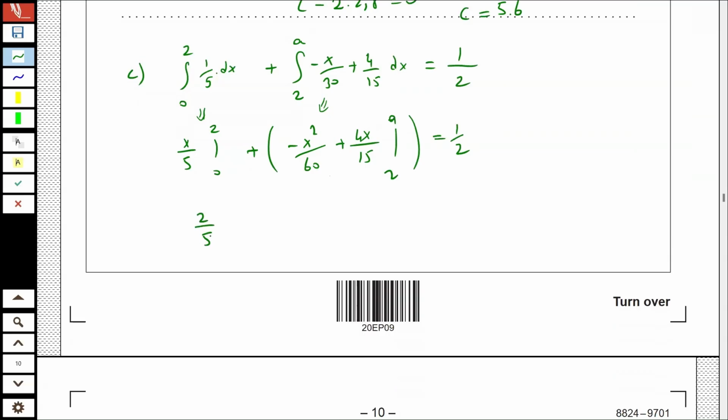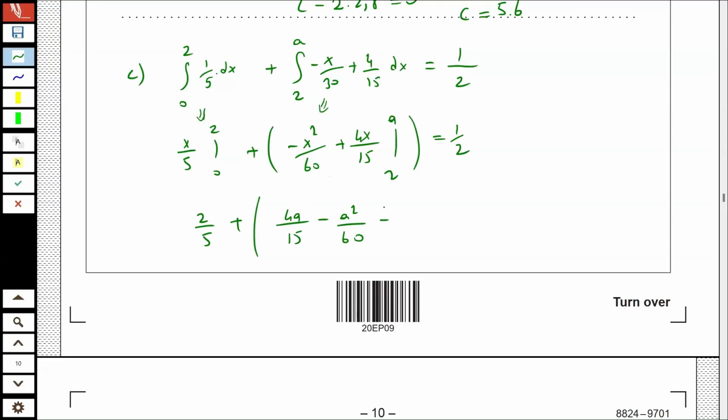here is 2 over 5 minus, in parentheses, 4 times a over 15 minus a square over 60.